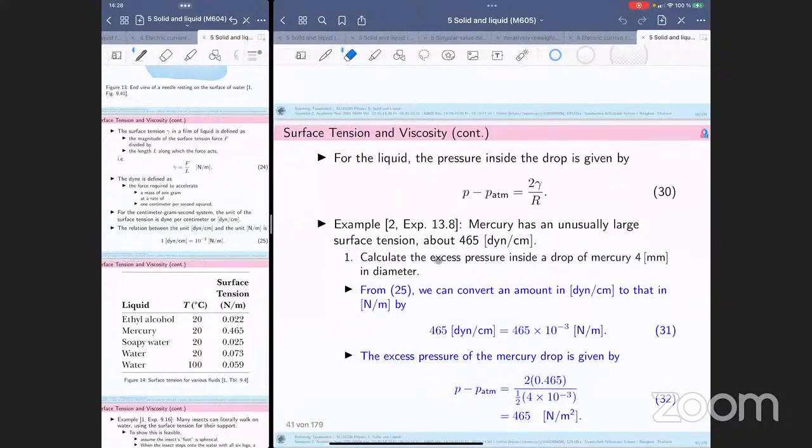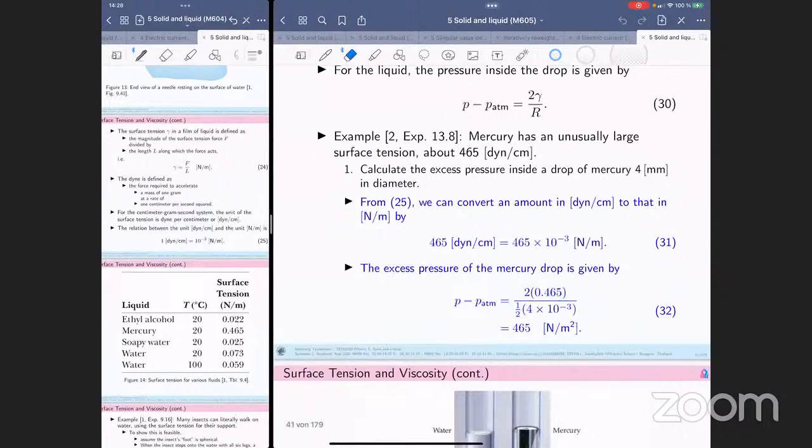Now we arrive at the question: calculate the excess pressure inside the drop of the mercury. We have here the drop of the mercury.